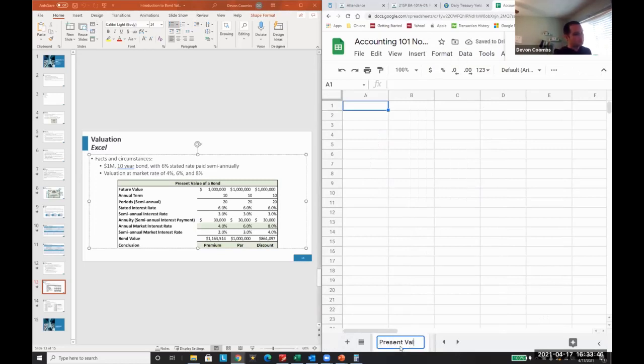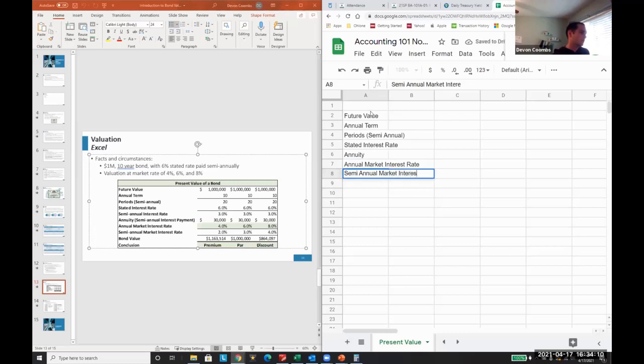Present value. So we have future value, term, periods, semi-annual, stated interest rate, annuity, annual market interest rate, semi-annual market interest rate, and bond value.